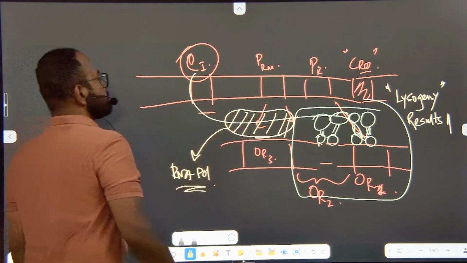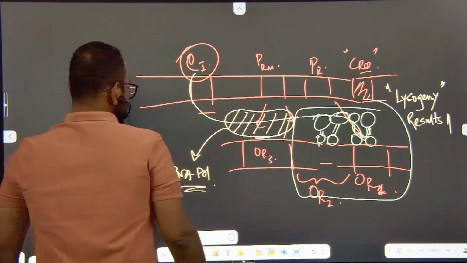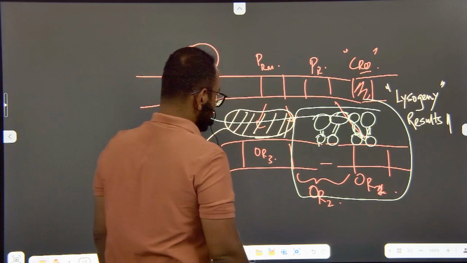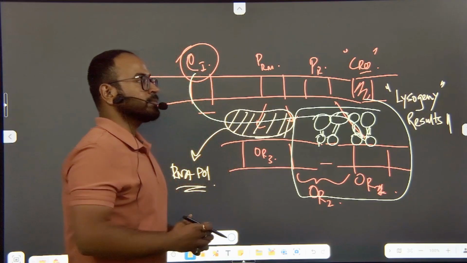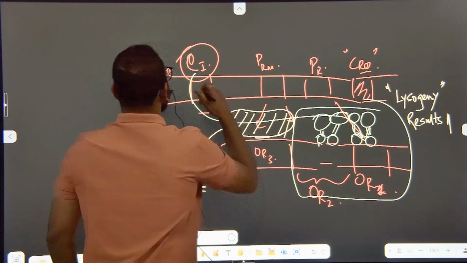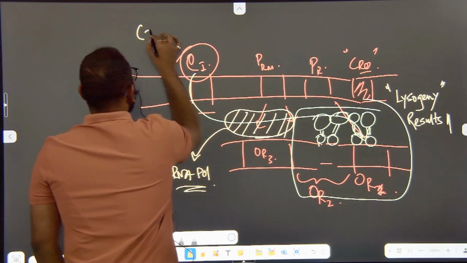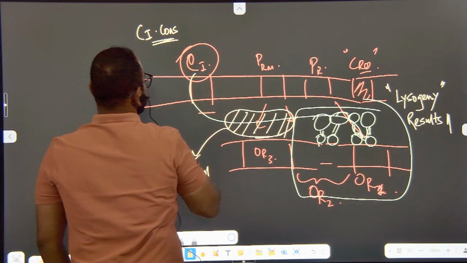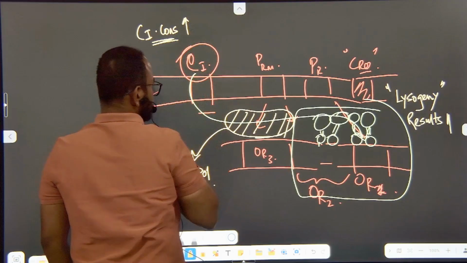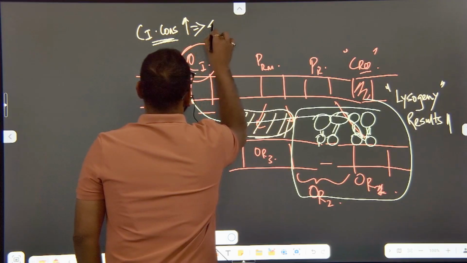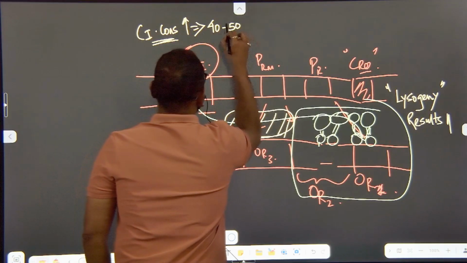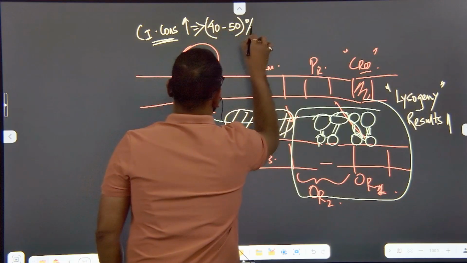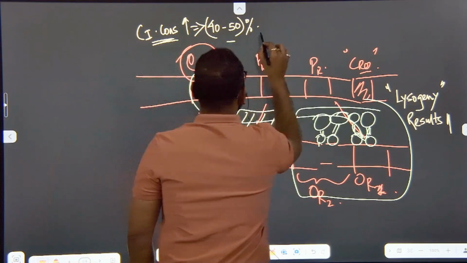Now the fact is, suppose C1 concentration has increased up to 40 to 50% more than it should be.